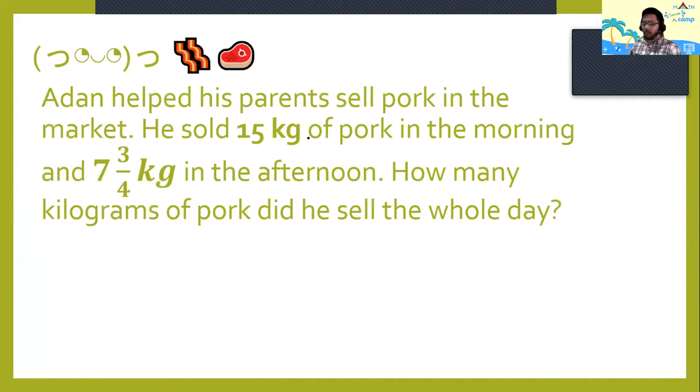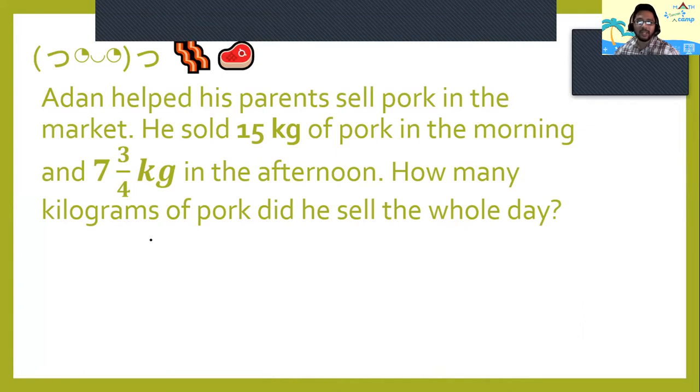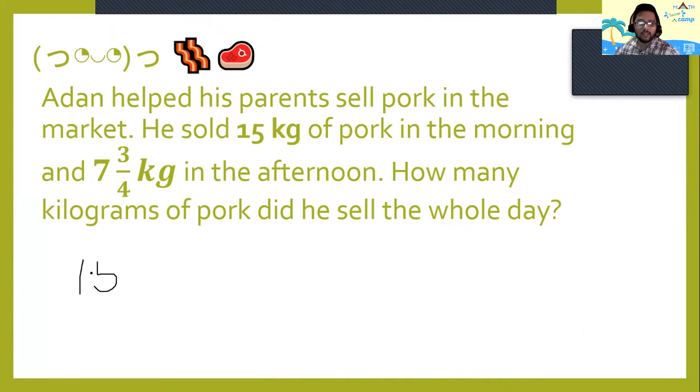Sige. Ito, another one. Si Adan helped his parents sell pork in the market. He sold 15 kilograms of pork in the morning and 7 3/4 kilograms in the afternoon. How many kilograms of pork did he sell the whole day? Ito, class, this is very easy. When you're adding whole numbers with fractions, it's like just adding whole numbers.